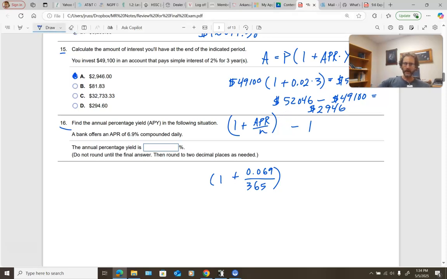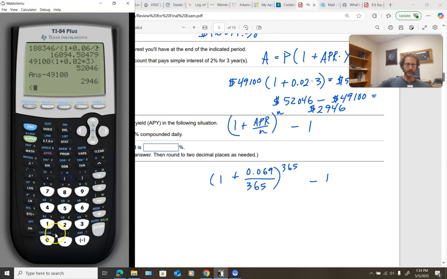We don't need the y, because we're treating this over a 1 year period. We just need the n up there. And then we'll subtract 1 from this. So 1 plus 0.069 divided by 365. I'm going to raise this to the power of 365.